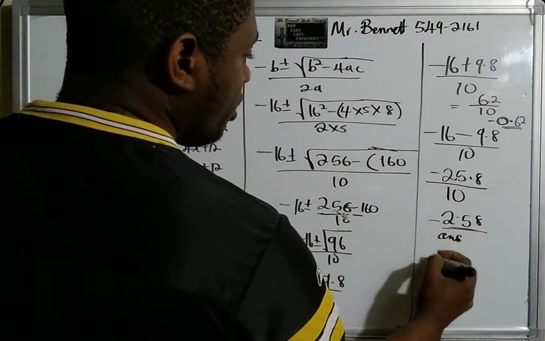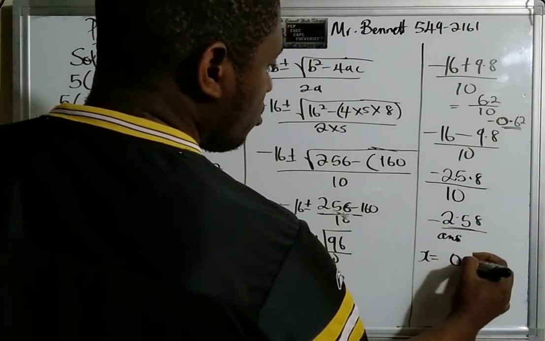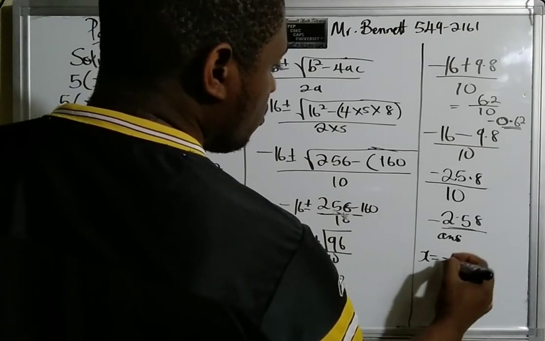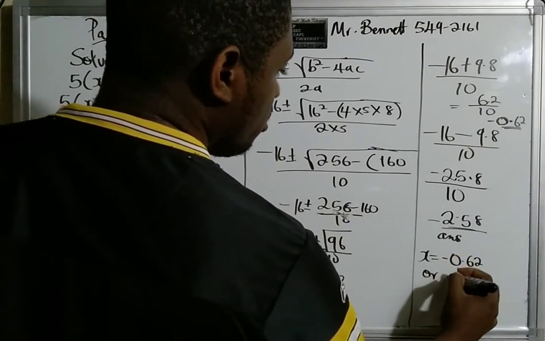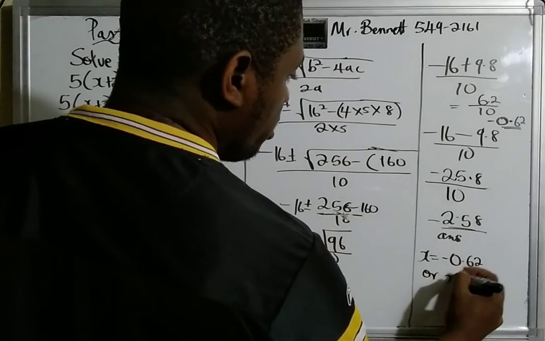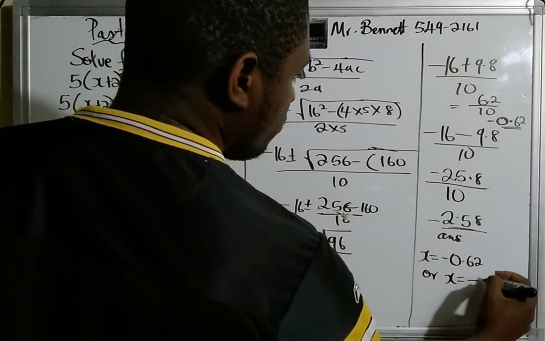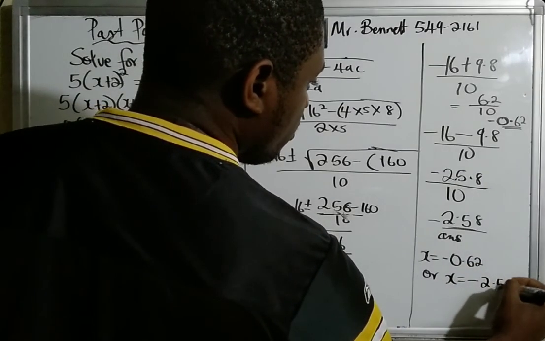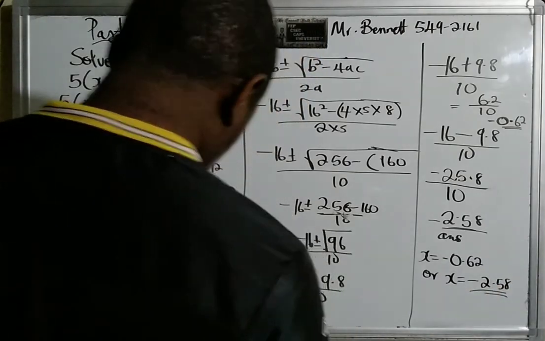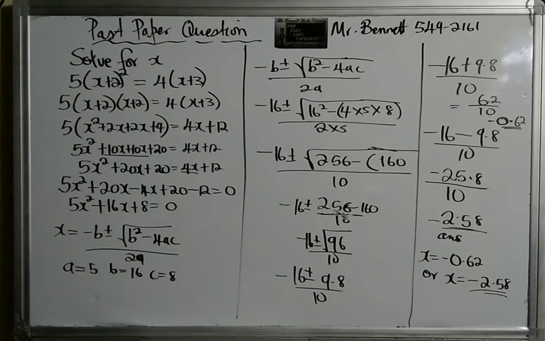So our two values are x equals negative 0.62, or x equals negative 2.58.